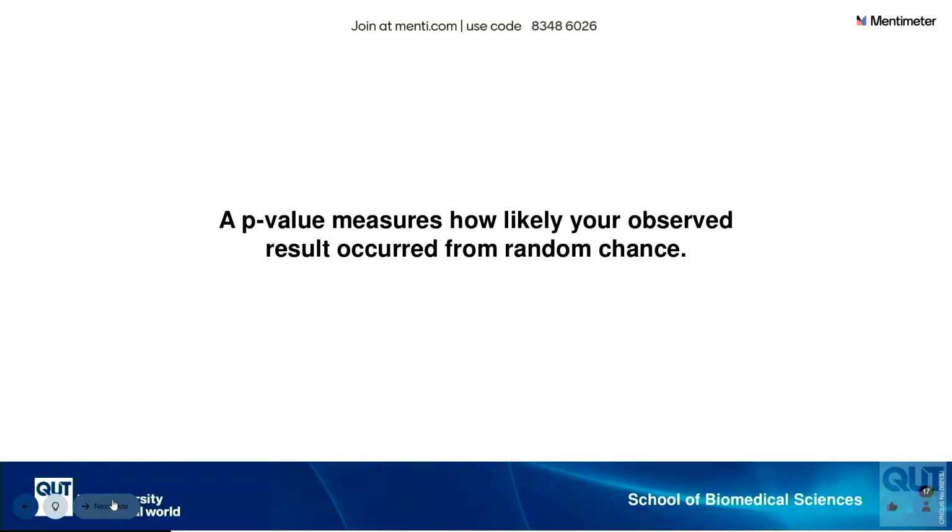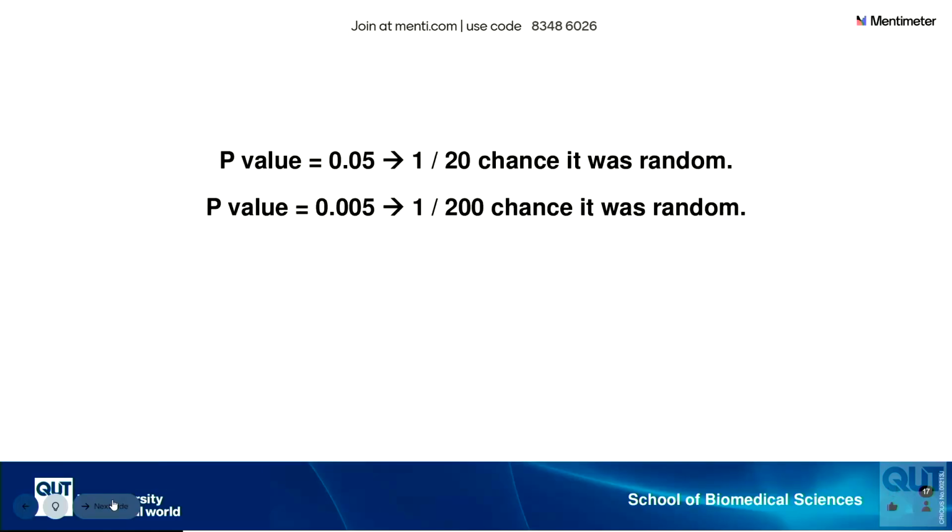The idea is a p-value measures how likely the observed result occurs at random chance. So the actuality of it is that if the p-value gives you 0.05, it means there's a 1/20th chance that what you're seeing occurred randomly, and as you go lower, it decreases the chance of that randomness happening. So the gold standard in science is 0.05.